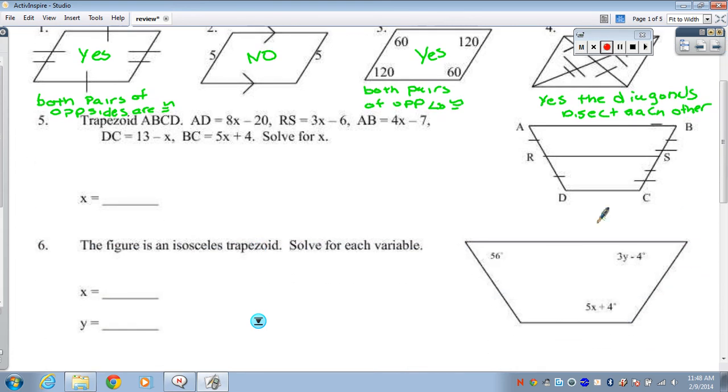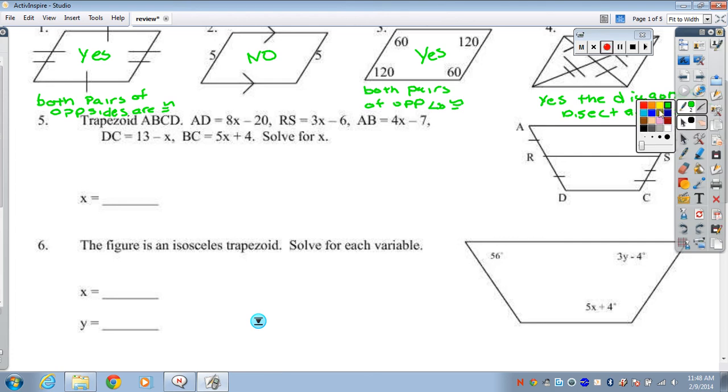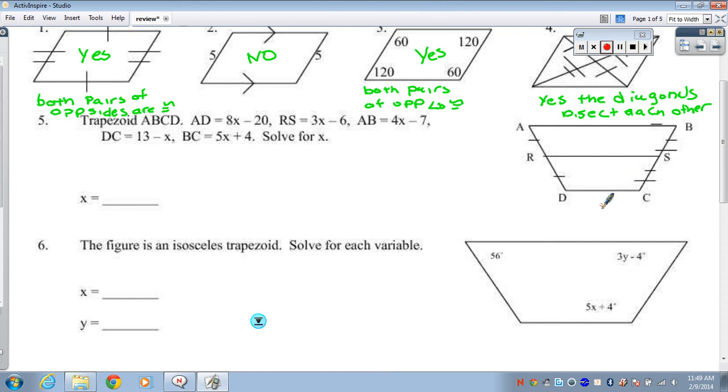All right, the next one, trapezoid ABCD. AD is 8x minus 20. RS is 3x minus 6. AB is 4x minus 7. And DC is 13 minus x, and we simply have to solve for x.